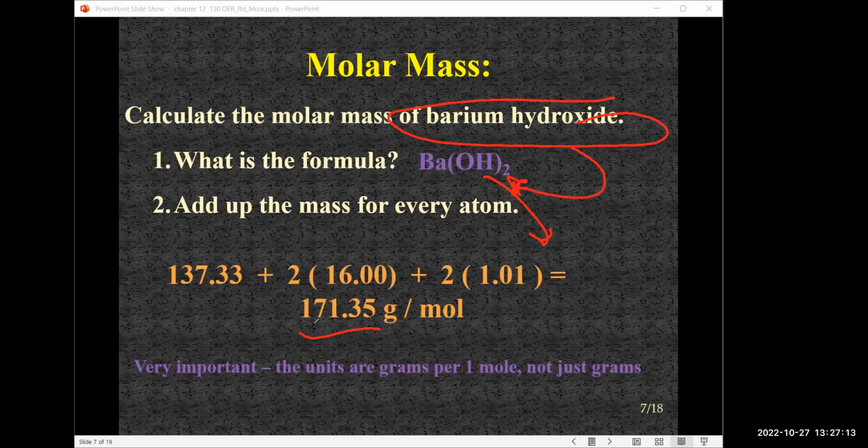And don't forget the units. Units are grams per mole. For some reason, students sometimes forget the mole part and write down grams, but that's incorrect, okay? This is a sum of atomic weights, which is in the units of grams per mole.